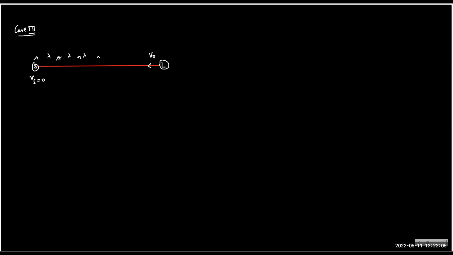So lambda remains same. The source is not in motion, so lambda will be same in all directions, right? So in this case, the lambda dash will be lambda.